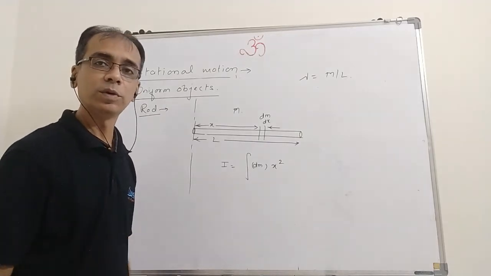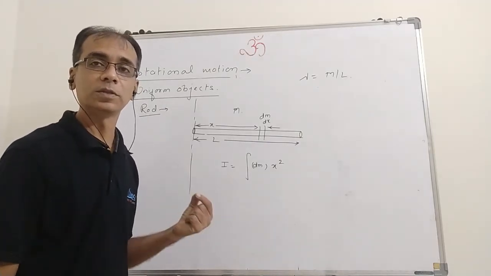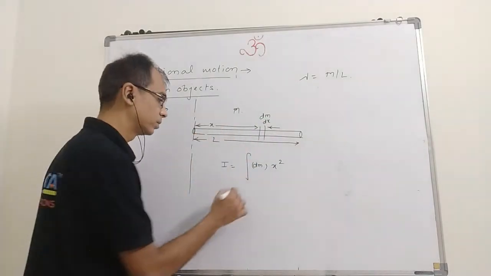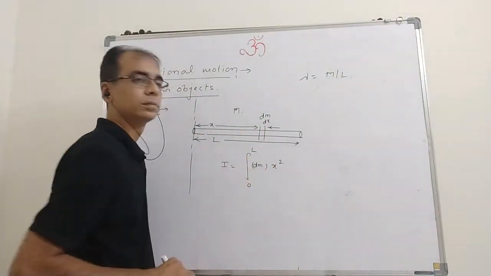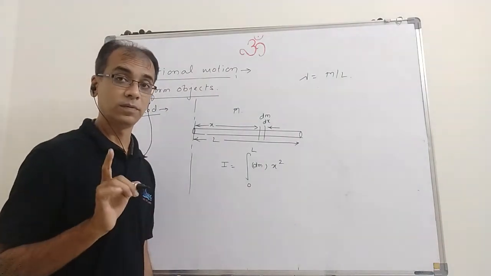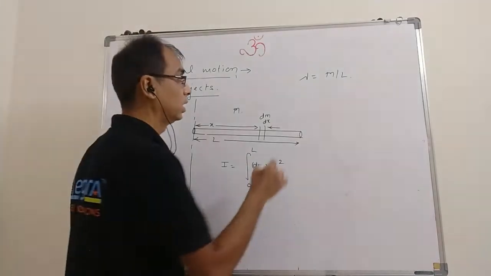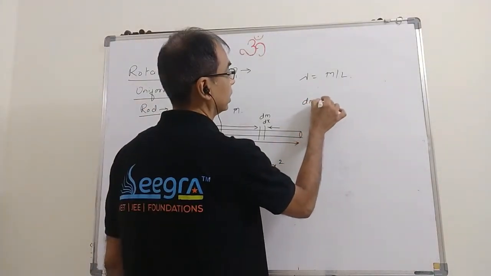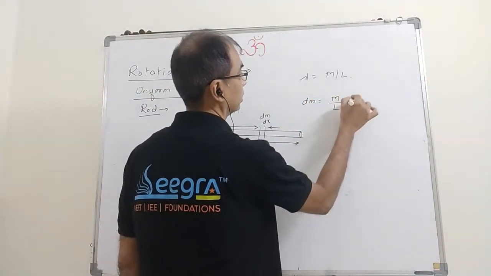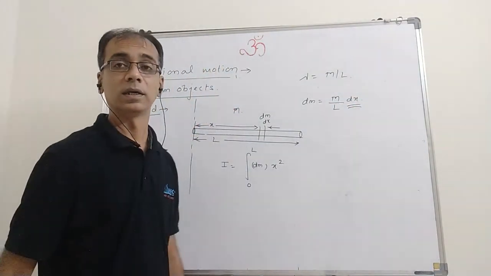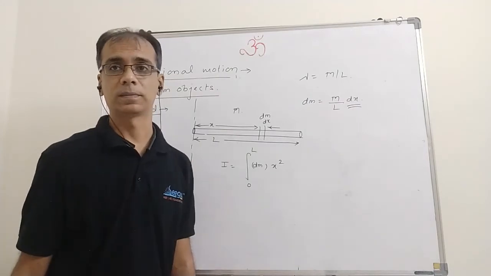From where to where do we have to integrate? From this end to that end, that means from 0 to L. And dm is what? If you remember what we did in the case of center of mass, dm you can write immediately as m by L dx. Go back and check how we have done it.